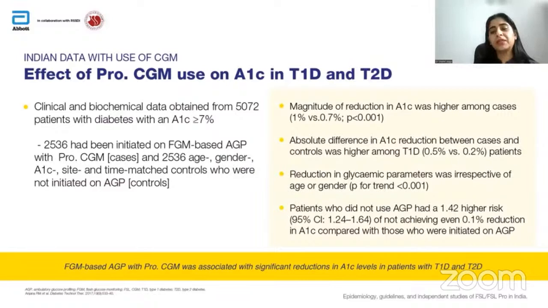Reduction in glycemic parameters was irrespective of the age or gender, and patients who did not use AGP had a 1.42 higher risk of not achieving even a 0.1% reduction in A1C compared to those who were initiated on AGP. So clearly, the flash glucose monitoring based AGP with professional CGM was associated with significant reductions in A1C levels both in patients with type 1 as well as type 2 diabetes.